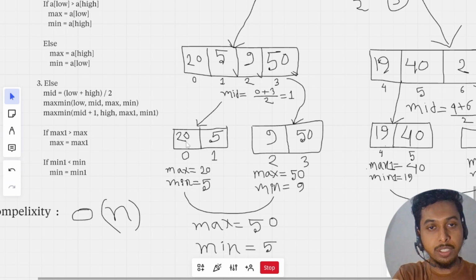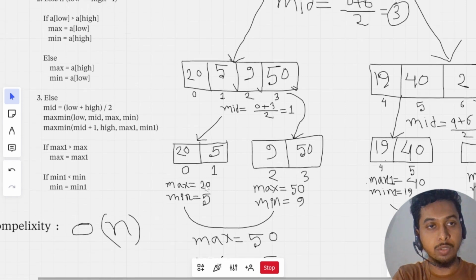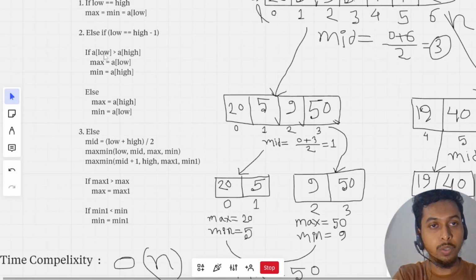If 20 is the maximum and then 5, so max equals 20 and min equals 5. So if the low index element is higher than the high index element, then max equals low and min equals high, else max equals high and min equals low.